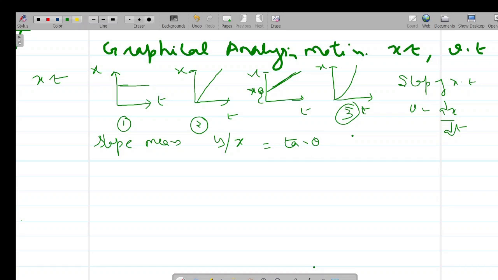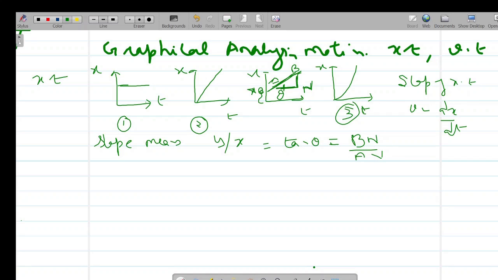What I do is drop a perpendicular from a particular point. Let one point be A, let another point be B, and let the foot of the perpendicular be N. So BN is the perpendicular and this angle is theta, which gives me the slope. What is tan theta? Perpendicular upon base, so this is BN upon AN.